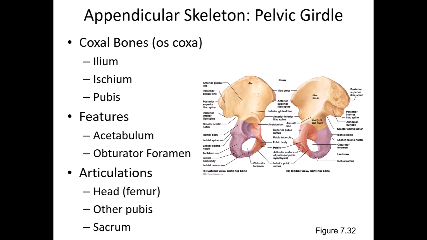And then each ilium articulates with the sacrum at the auricular surface. That sacroiliac joint, as it's called, is a really broad weight-bearing, weight transfer joint. So weight comes down the sacrum and goes through those joints to the ilia and then down to the lower extremity through the pelvic bones. Those sacroiliac joints are synovial joints, and the shape there is a plane joint.